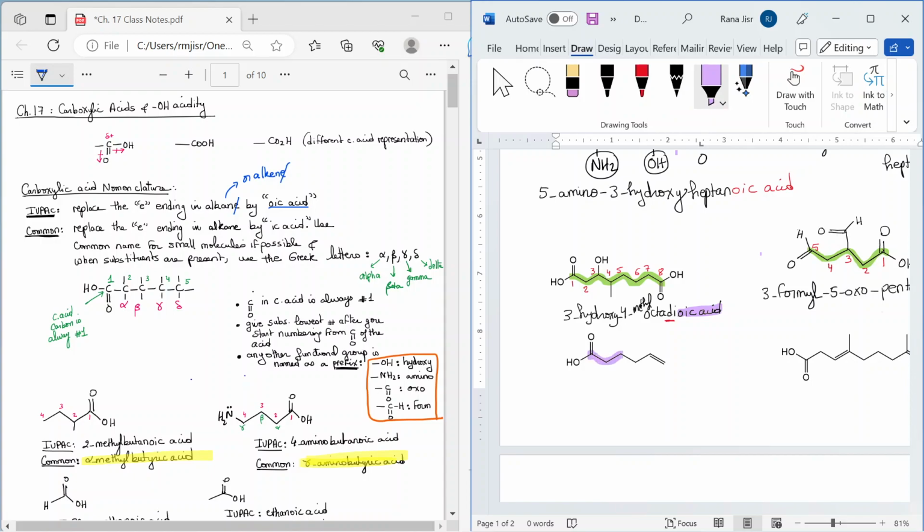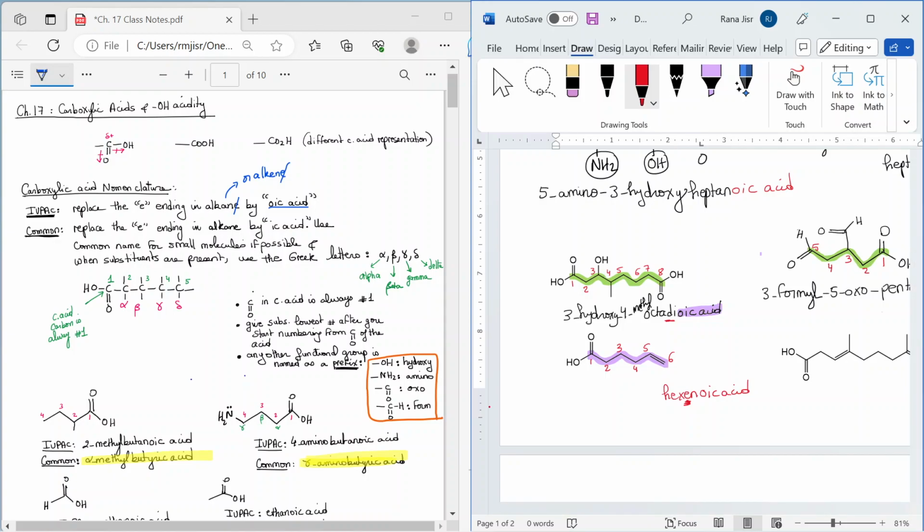Now, if we have an alkene in there, we have to choose our longest carbon chain, including the carbonyl of the acid and the alkene. Our ending in this case needs to be the carboxylic acid. 1, 2, 3, 4, 5, and 6. This is a chain of hexene. Okay, this is an E. So we said to drop the E of the alkene and add oic acid in there.